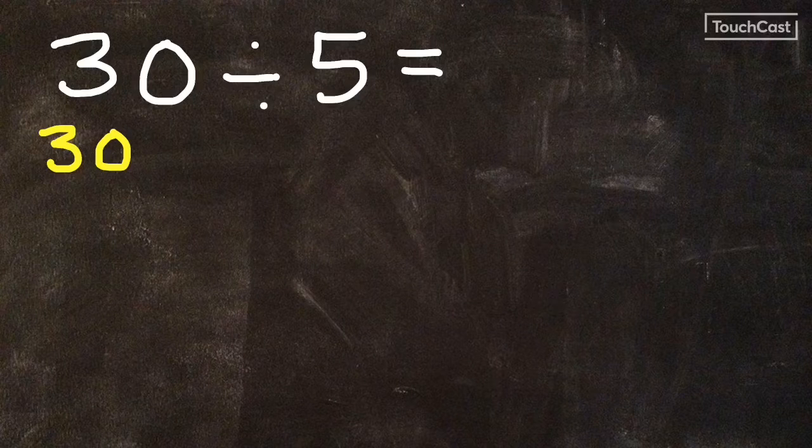So I'm going to say, okay, 30 minus 5 equals 25.